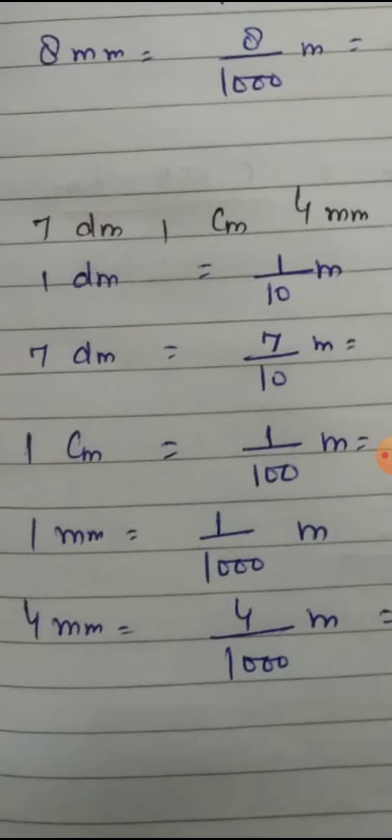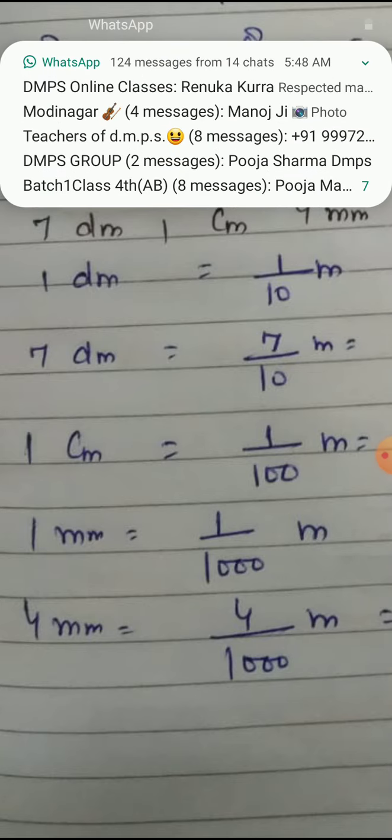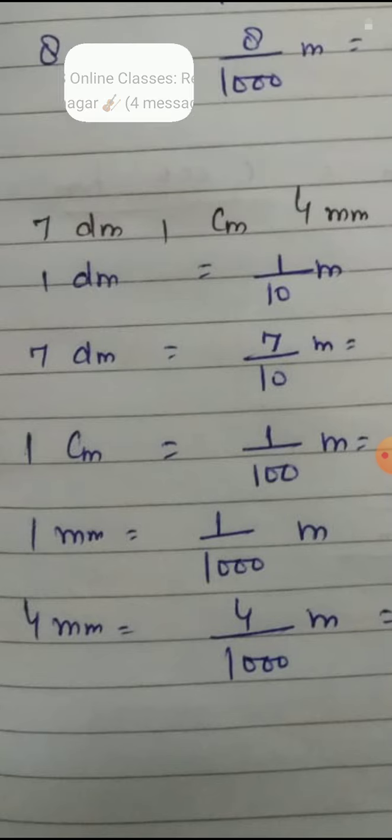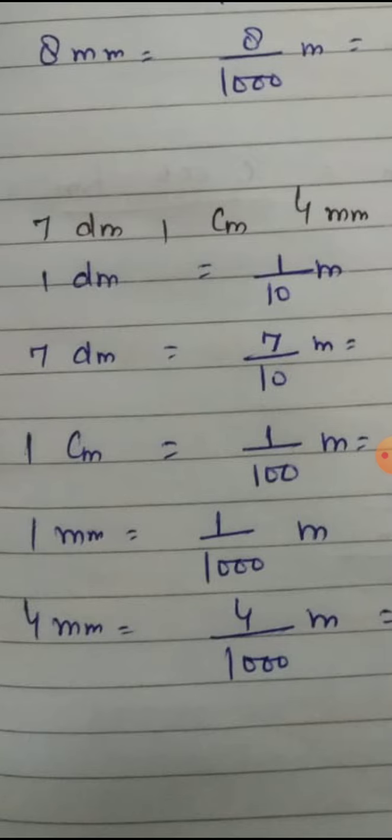Here are 3 units. 7 decimeter, 1 centimeter, 4 millimeter. You all know the formulas. 1 decimeter is equal to 1 upon 10 meter. 1 centimeter is equal to 1 upon 100 meter. 1 millimeter is equal to 1 upon 1000 meter.